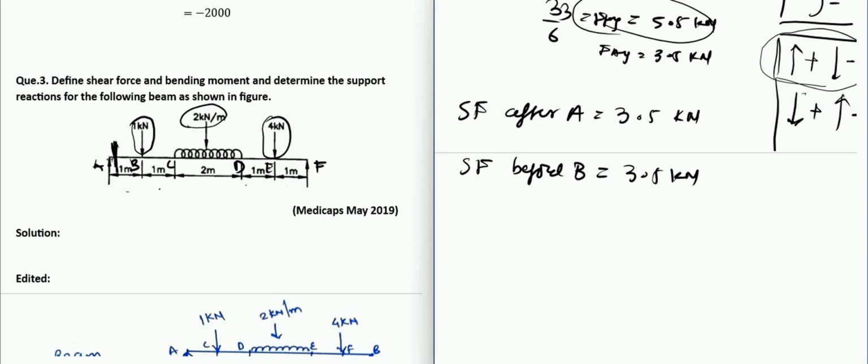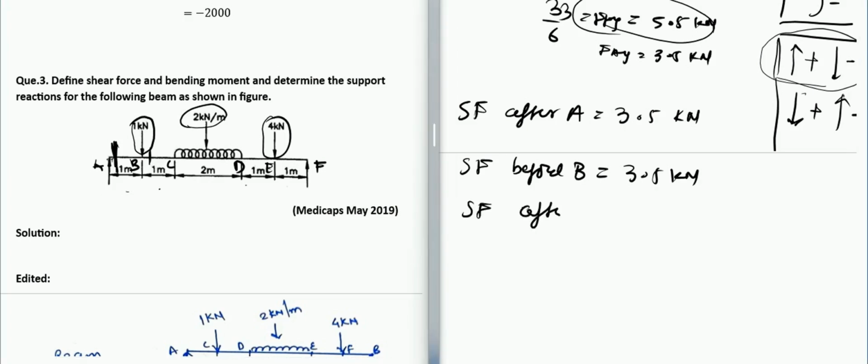If you cross-check the beam here, there is no force on the left except Fay, which is in the upward direction, 3.5. If you now cross-check the beam right of B, you need to consider this force also, because there are two forces on the left now. So let us say I am calculating shear force after B, or just right of B, whatever you prefer to say.